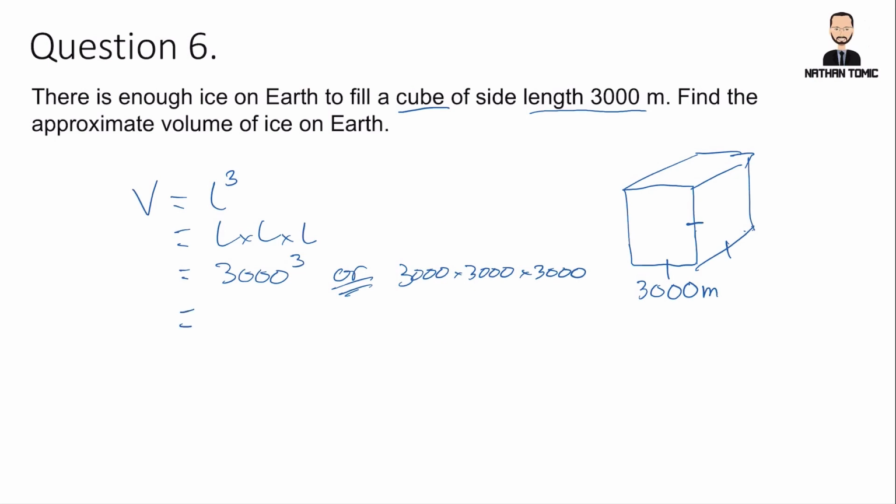So if we know how to do cubed on our calculator, 3,000 cubed is a very big number. It is 27,000,000,000. Okay, so that's 27 billion meters is our measurement, and don't forget cubed. So if this question is correct, we're saying that there's approximately 27 billion cubic meters of ice on Earth.